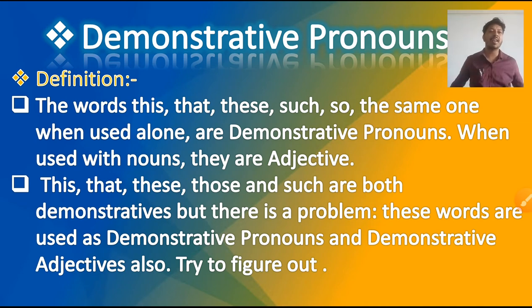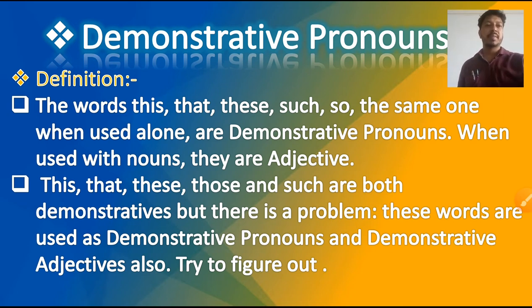No, not at all. It is as simple as water. I'll let you know the solution, students. Just have a look at the video screen. Now we are going to find out how to differentiate demonstrative pronouns and demonstrative adjectives. Stay tuned with me.